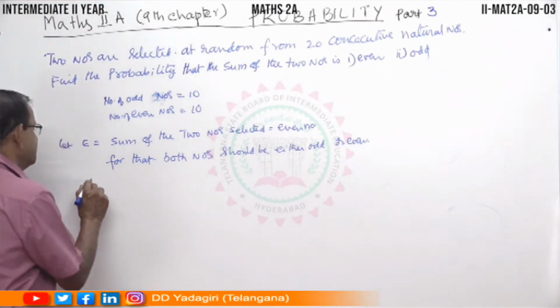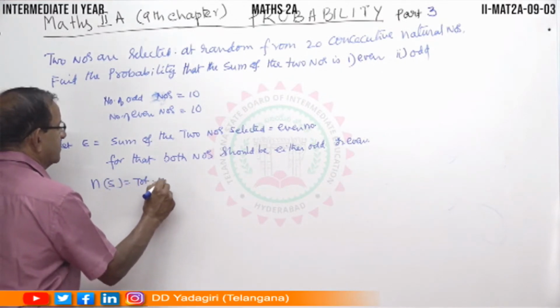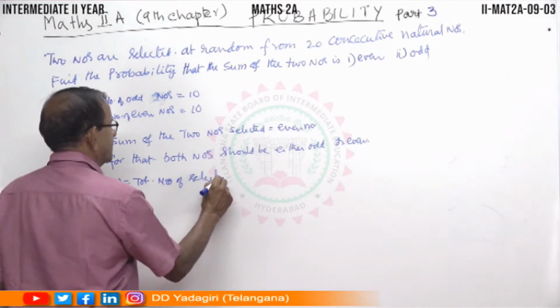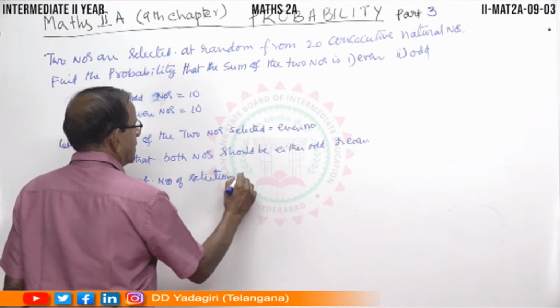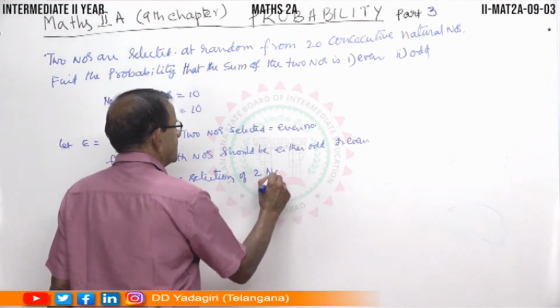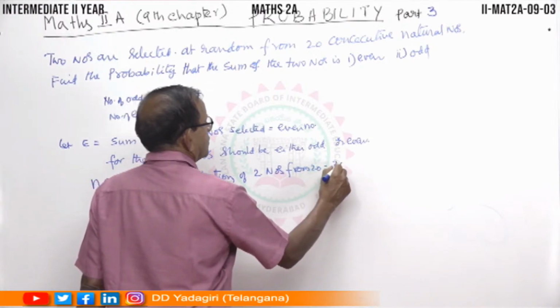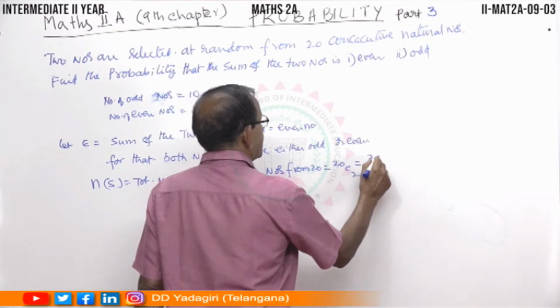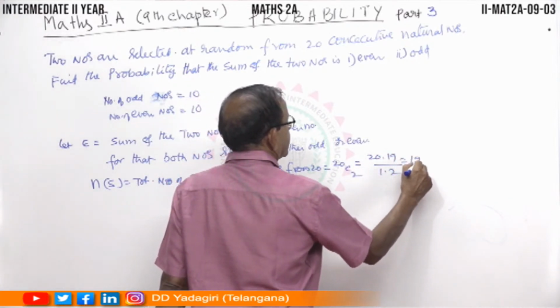That is n(S), the total number of selections of two numbers from 20, which is 20C2, equal to 20 into 19 by 1 into 2, that is 190.